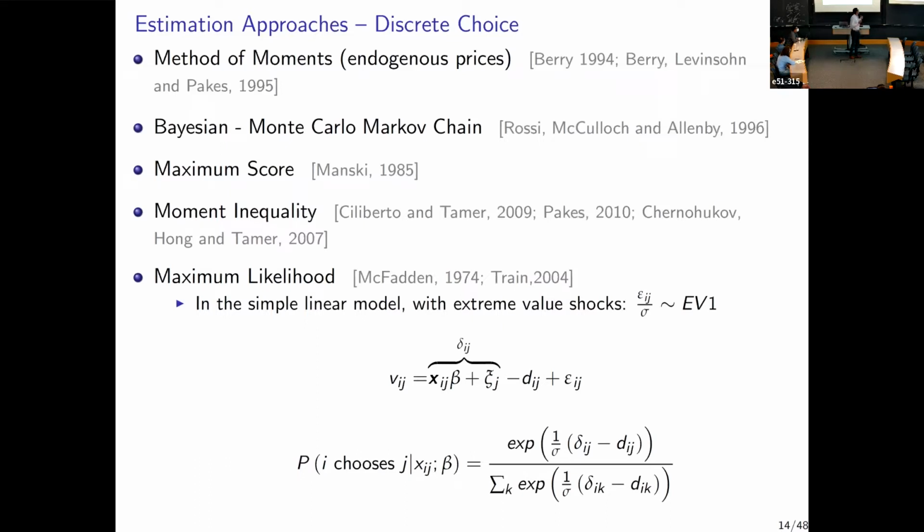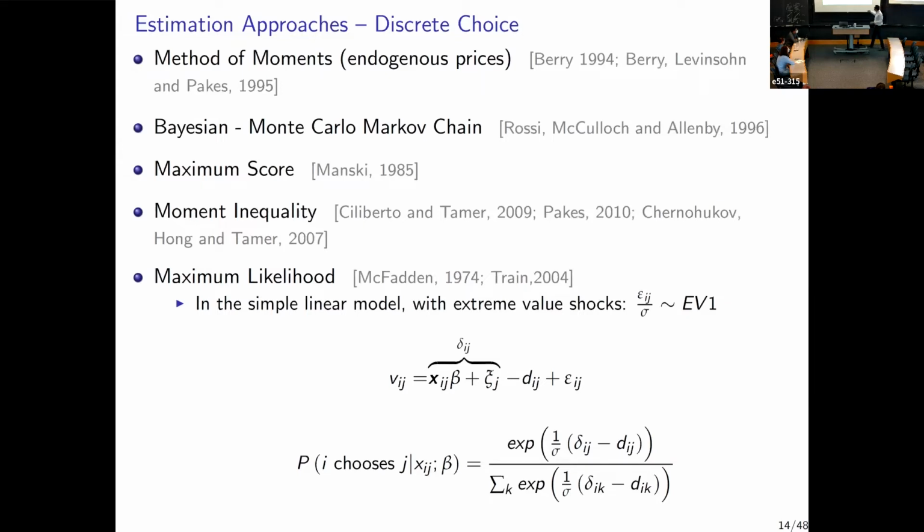If you want to estimate this by maximum likelihood, and you assume that the epsilon shock divided by some constant sigma is distributed extreme value type 1, then you're going to have the logit specification, essentially. Now let me define all this term equal to delta ij.